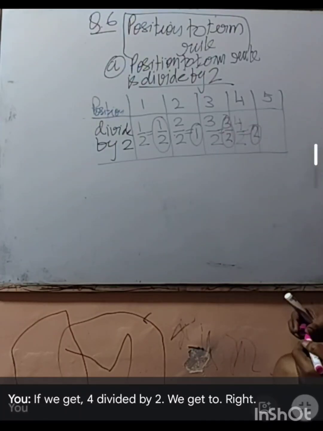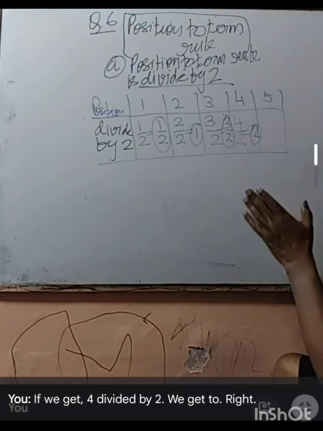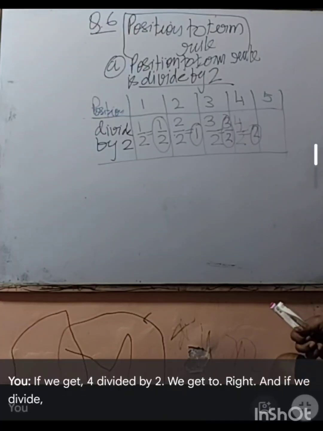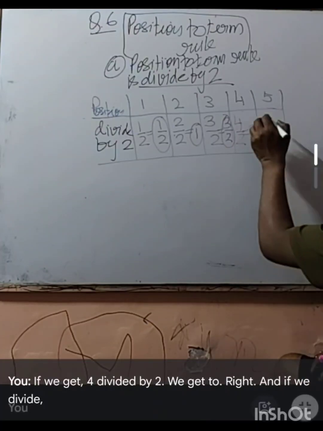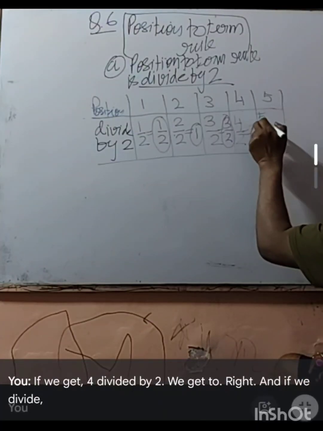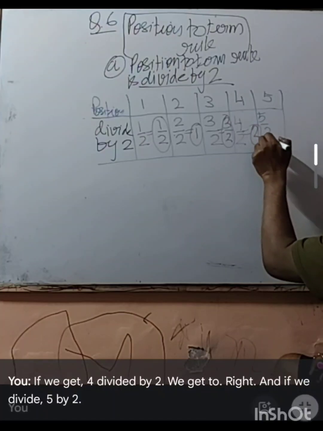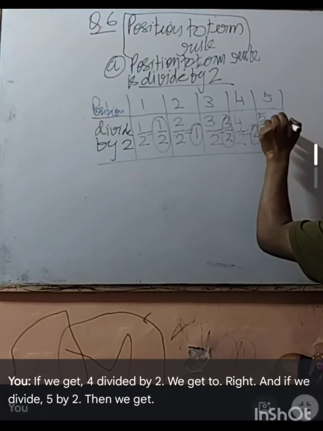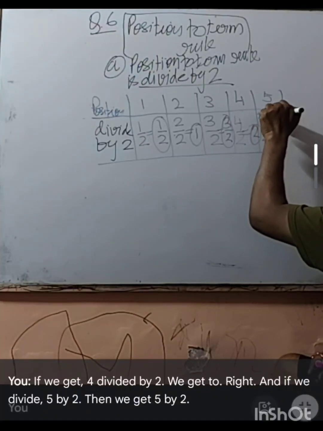And if we divide 5 by 2, then we get 5 by 2.